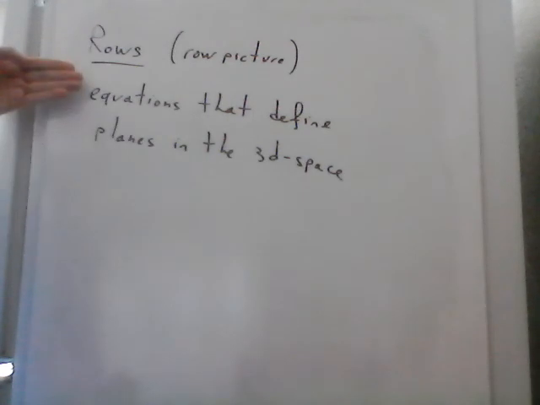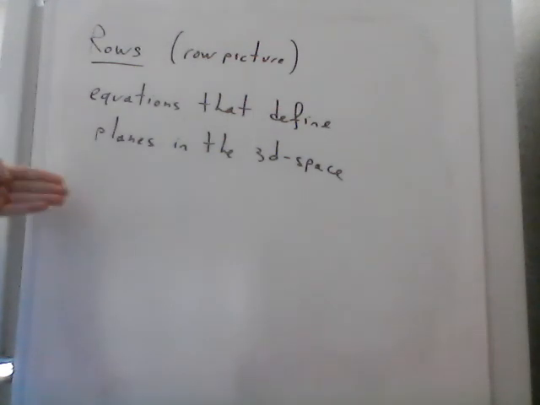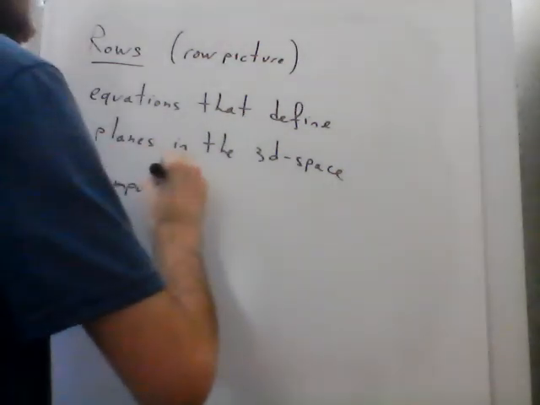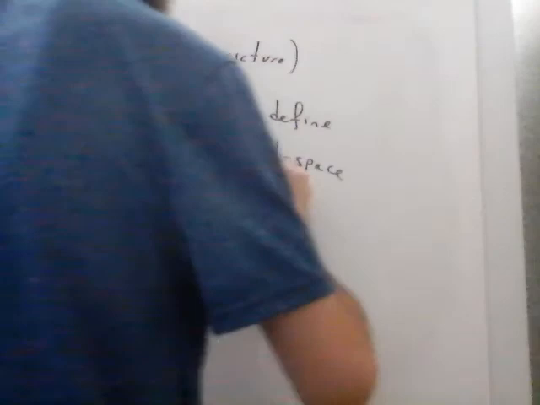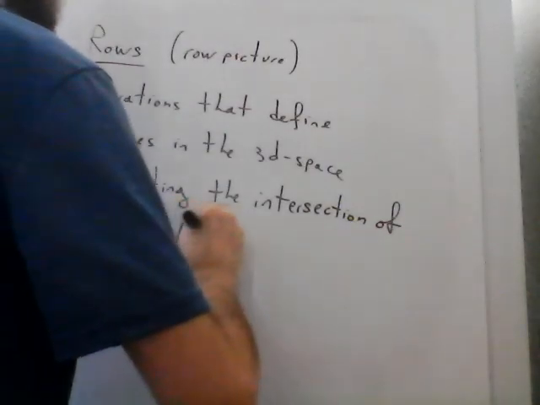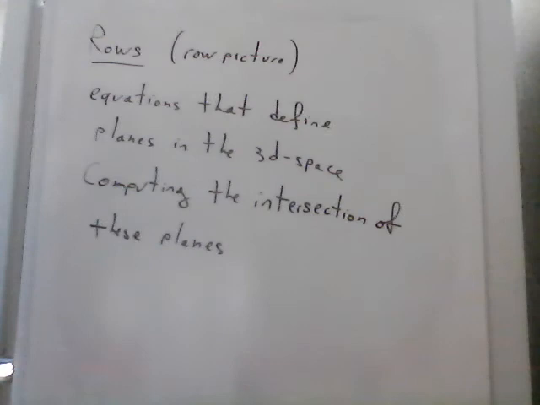Since we are solving possibly more than one equation, we are computing the intersection of these planes. So when we have 3 variables, we are just intersecting planes, if we think about rows.